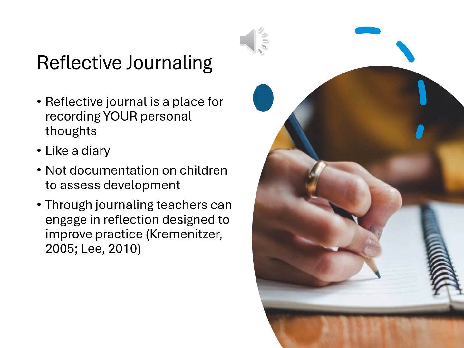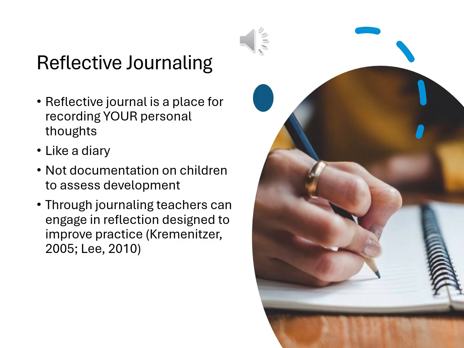But it is okay to have a space to write your own subjective personal thoughts about the objective information that you collect. And that's what a reflective journal is. It's a chance for you to write down your feelings, your thoughts, your impressions.